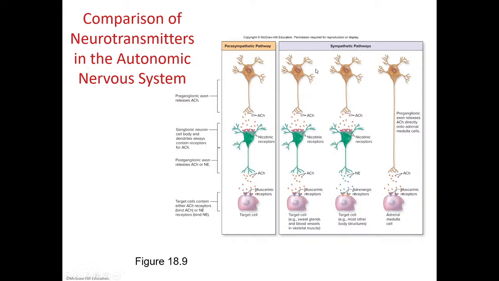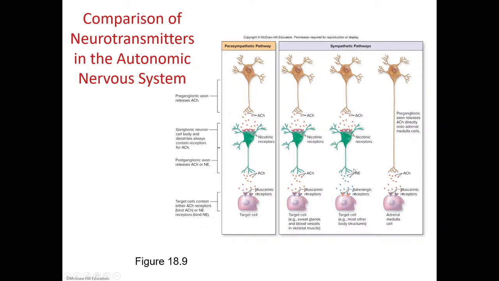In the sympathetic system, the preganglionic fiber always releases acetylcholine that binds to nicotinic receptors. All right. Now, the postganglionic neuron can release either acetylcholine or norepinephrine. The fibers that release acetylcholine are called cholinergic in both systems, and the fibers that release norepinephrine are called adrenergic.